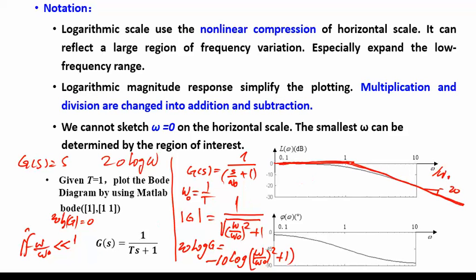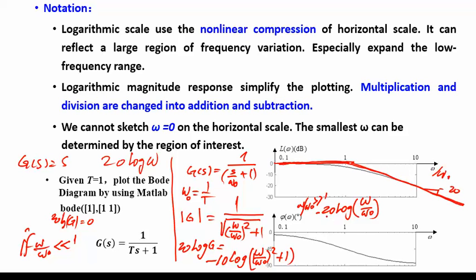Now let me go to 20 log when omega over omega 0 is much greater than 1. Then this becomes minus 20 log omega over omega 0, because the 2 went out. So what is the slope now?